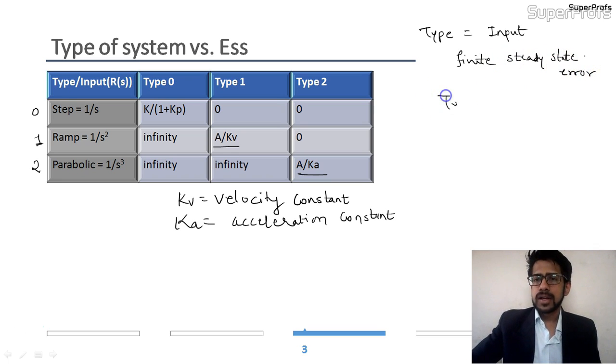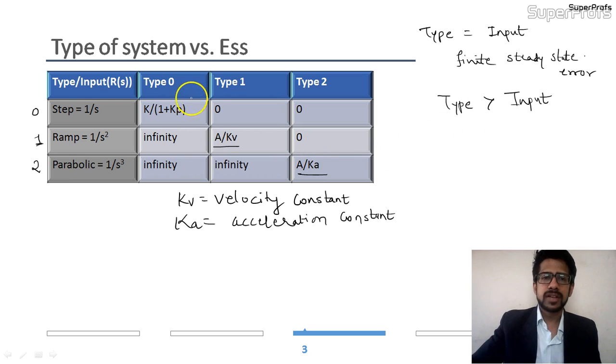For type greater than the input, okay? So if type is greater than input, you get ESS equal to 0. Understood? When type is greater than the input, you get 0 as ESS. Look at this: type is 1 and input is 0. You get 0.